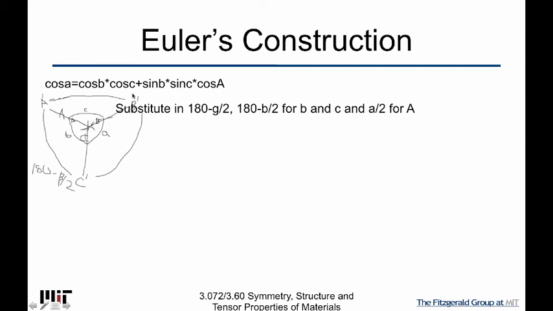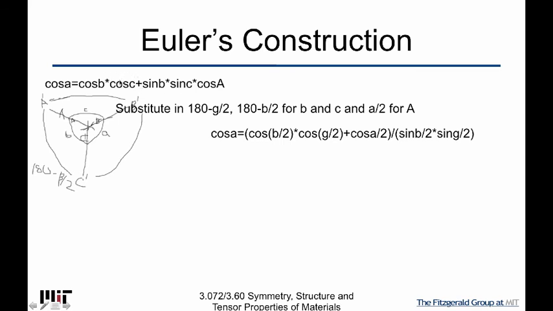And that'll actually transform these into the form that I'm showing you here, which is cosine of A now is going to equal things like cosine beta over 2, cosine gamma over 2, plus cosine alpha over 2, divided by the sine of beta over 2 times sine of gamma over 2, right? And that's the form that we're going to use now.